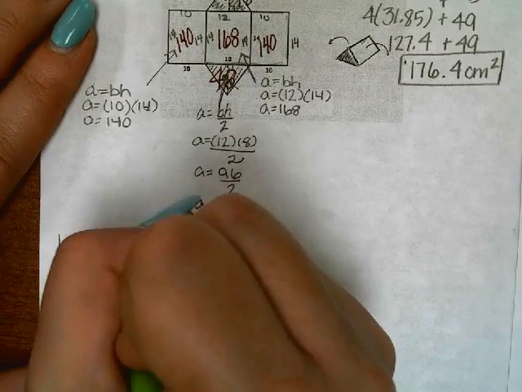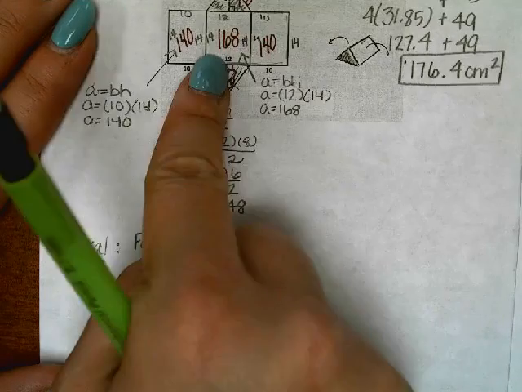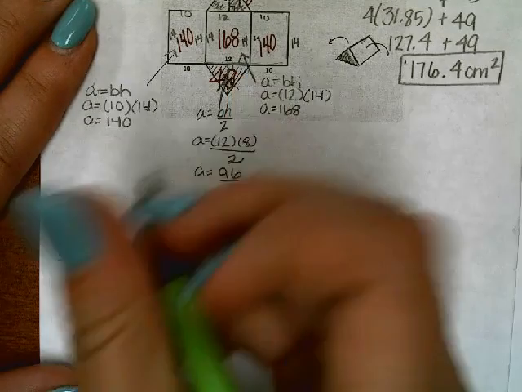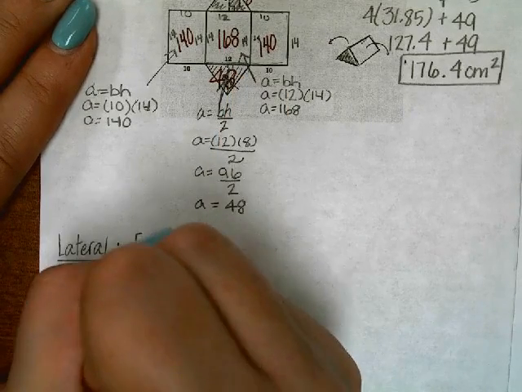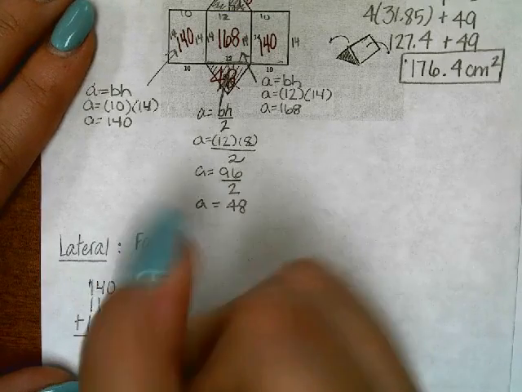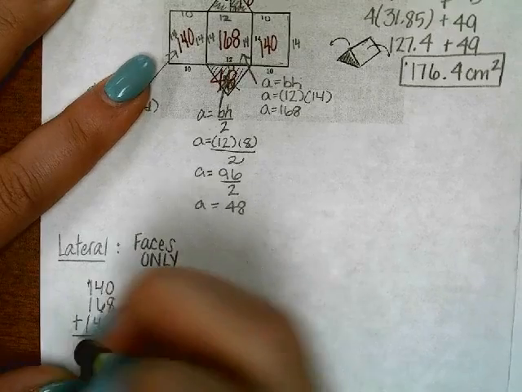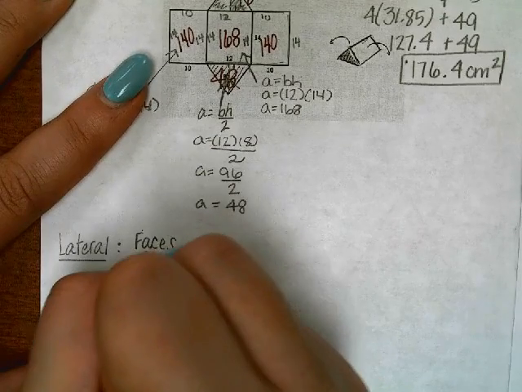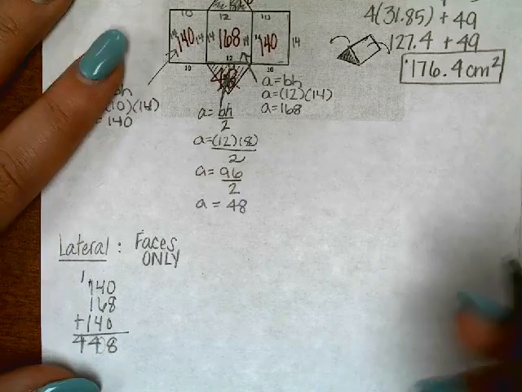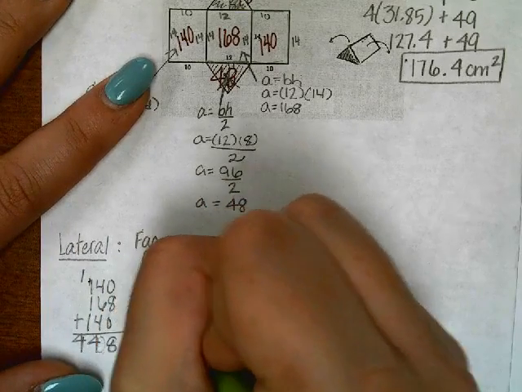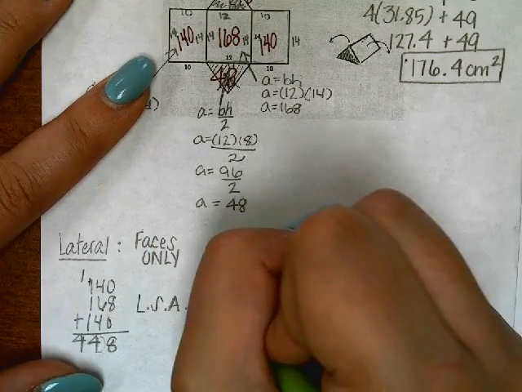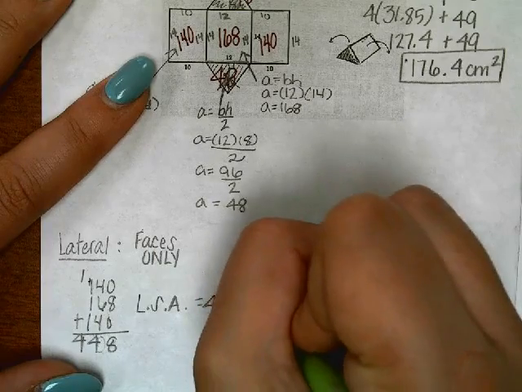One of my faces is 140, and then I have 168, and 140 again. Add those all together, and those represent my faces. Oops. My apologies. Moving too fast. You get 448. In this particular problem, it didn't come with units, so you can just put 448 squared.